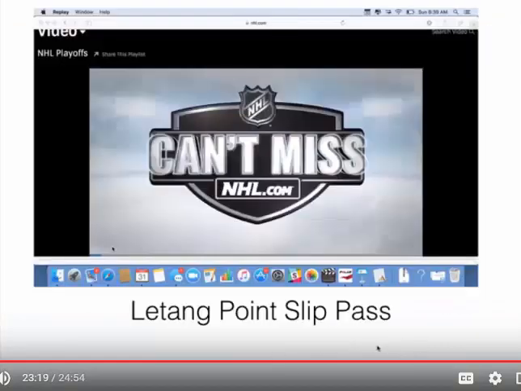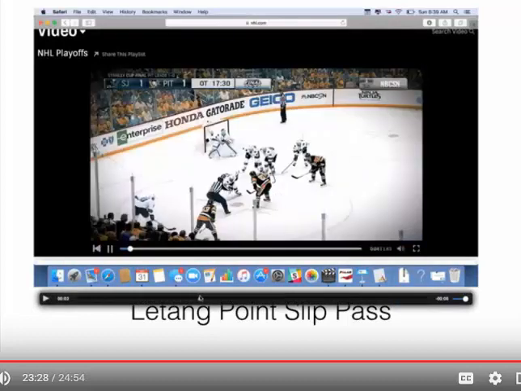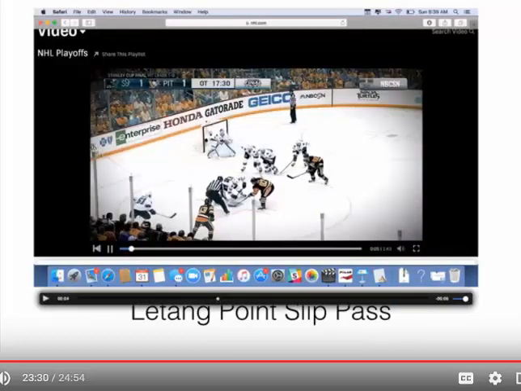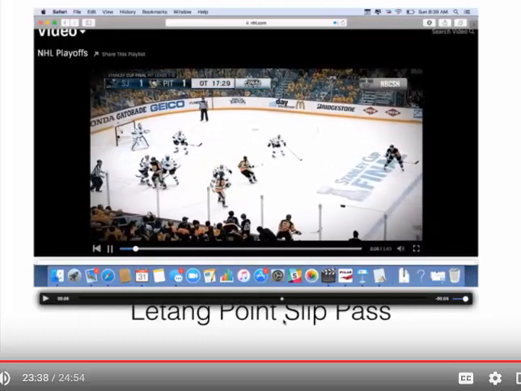This one here is a good one on Letang because it gives us opportunity to see kind of what I'm talking about, plays through the middle of the ice. So you'll see this is a pretty important game here. It's Game 2 of the Stanley Cup Final, and you can see it's in overtime. And the puck comes out, Crosby wins the draw. You can see right away they have shot blocking pressure in the middle of the ice.